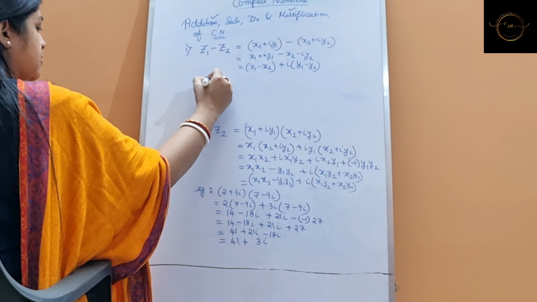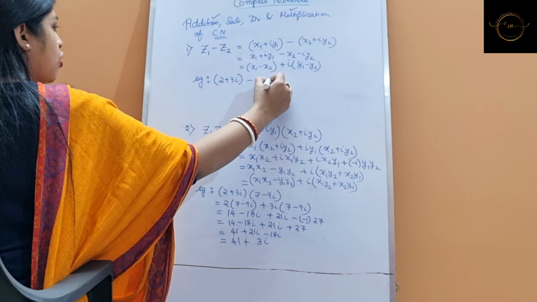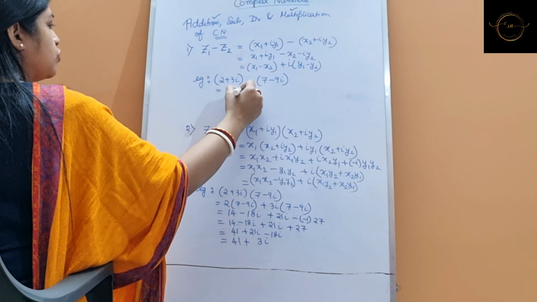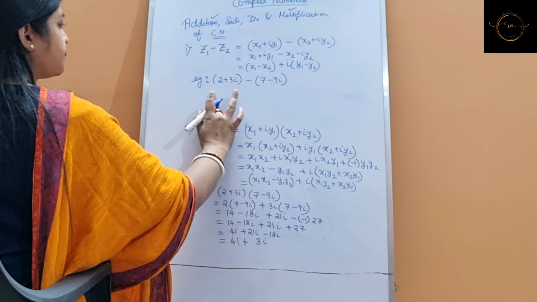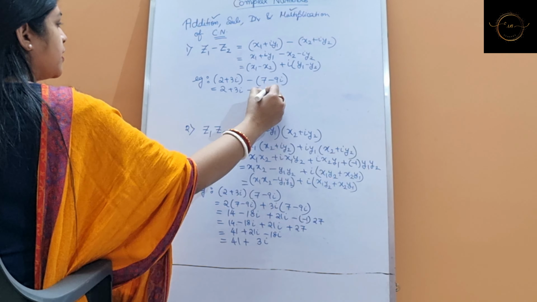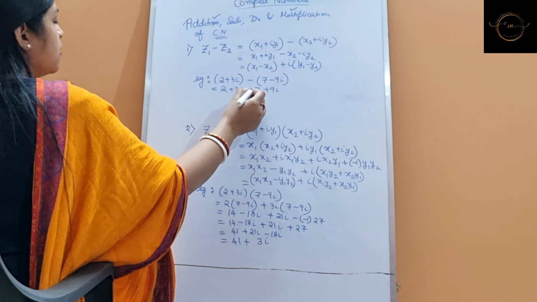Again, if you take the example as 2 plus 3i minus of 7 minus 9i, this will be equal to 2 minus 7, first take off the brackets, minus 7 plus 9i, because minus minus will give plus sign.